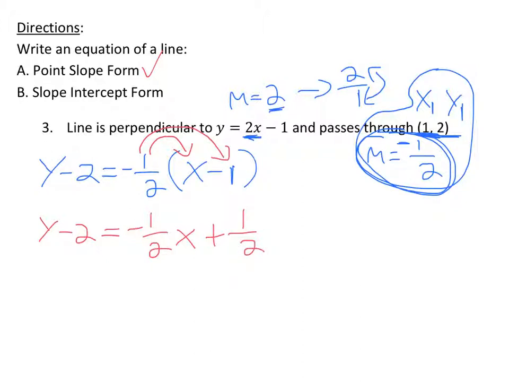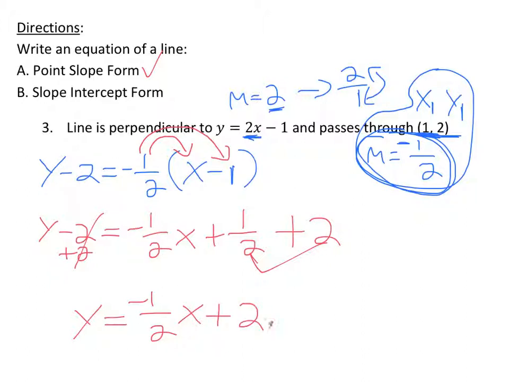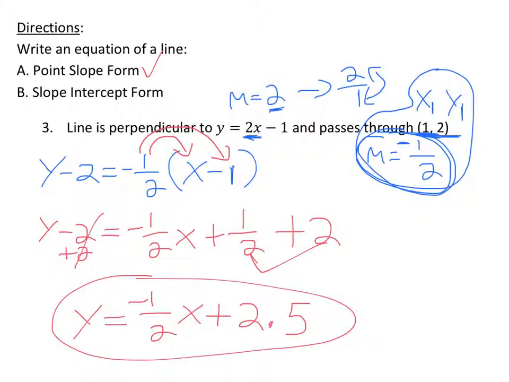The last step, to get y by itself, I add this 2 to both sides, so y equals negative 1/2 x, and then 1/2 plus 2, I could just leave it as 2.5. And there's part B, where I got the equation of the line in slope-intercept form.